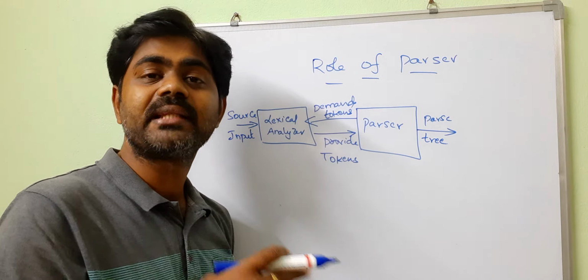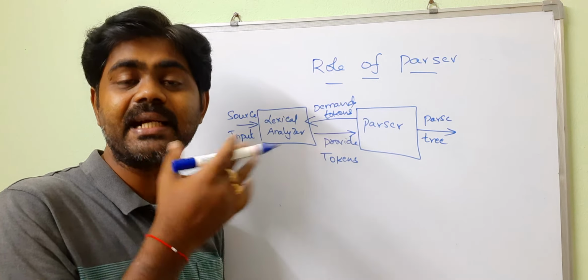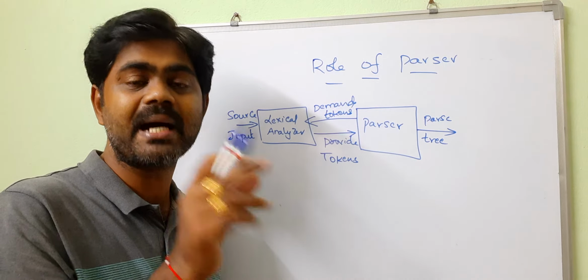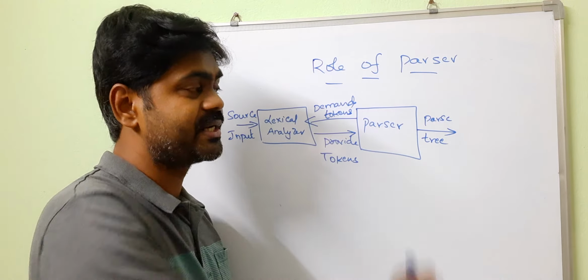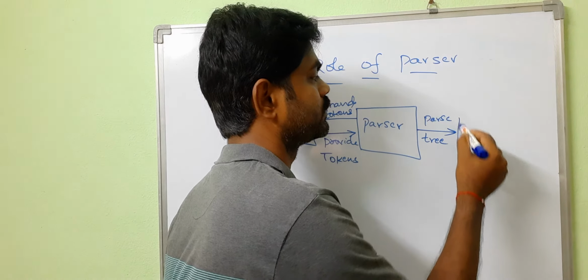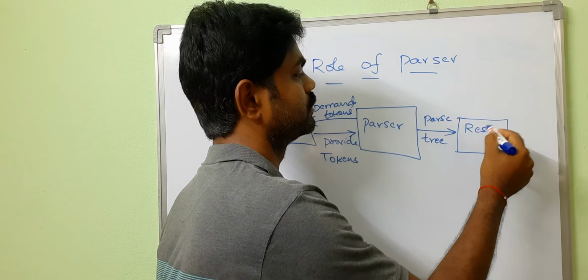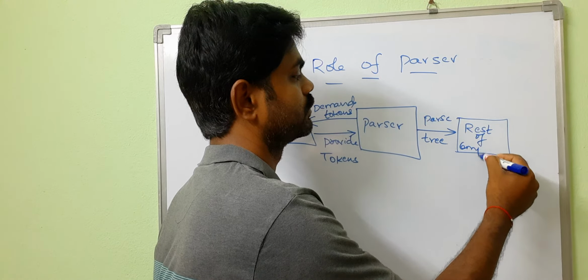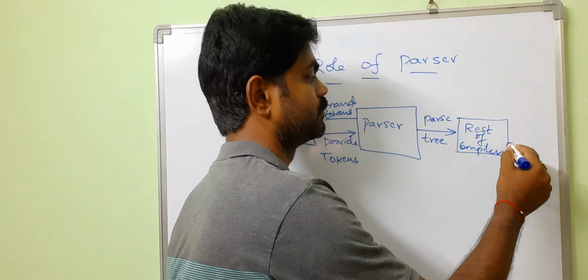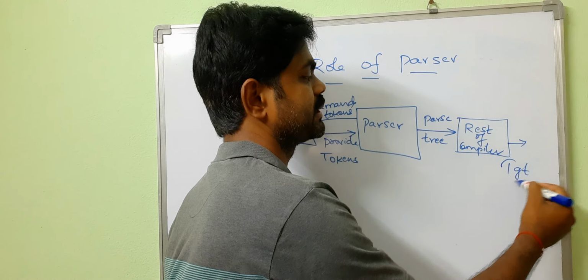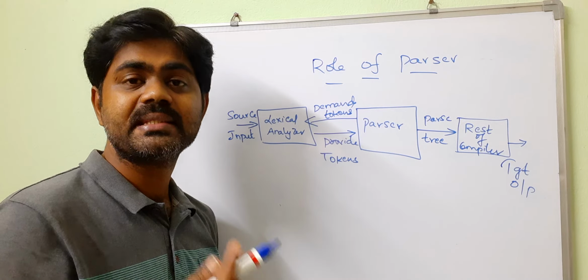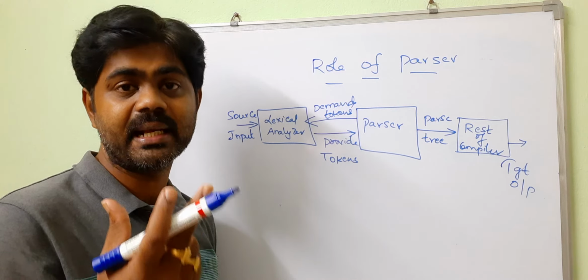After that parse tree, we are not going to discuss, that comes in later units. We are discussing parsing. So a parse tree is generated and simply we will write the rest of the compiler, and finally we will get the target output. In this whole process, we have symbol table management and error handler.